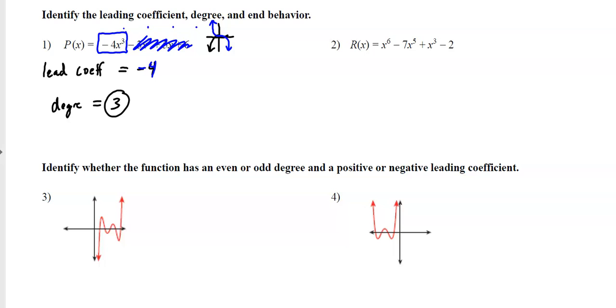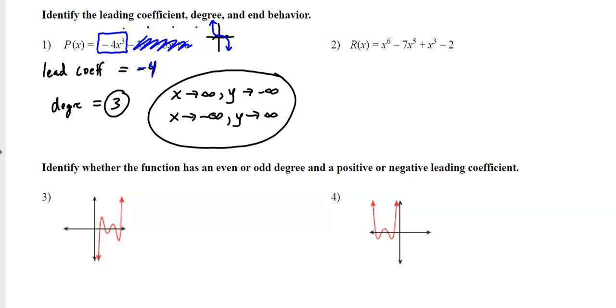So the parent function gives me an idea that they're going in different directions, but then I have to know that it kind of flips. So what I'm going to say here, as x goes to the right, positive infinity, y is going to go to negative infinity. As x goes to the left, y goes up, positive infinity direction.